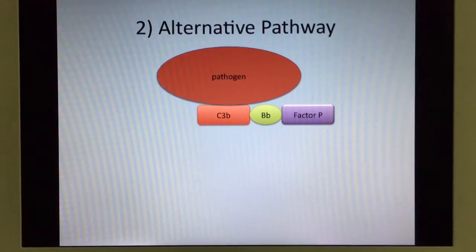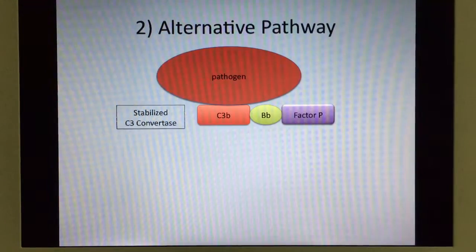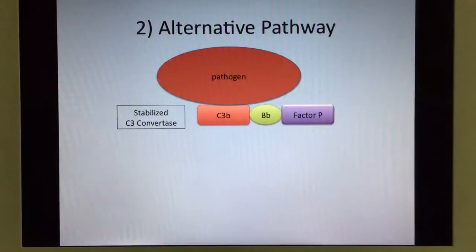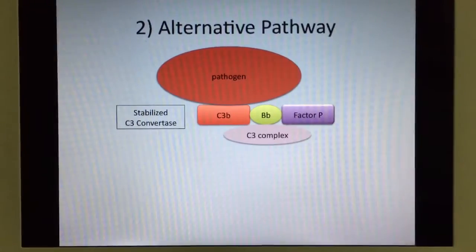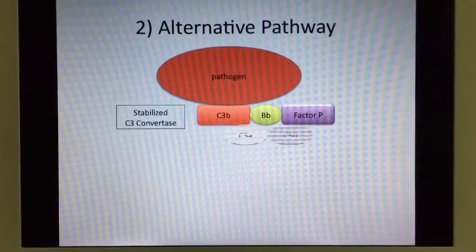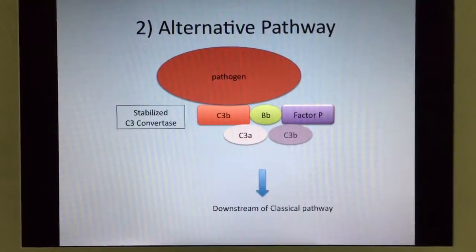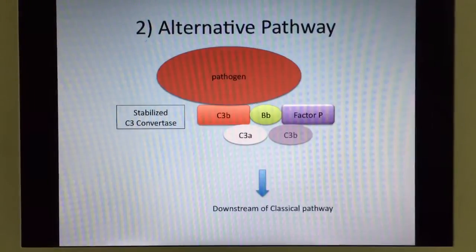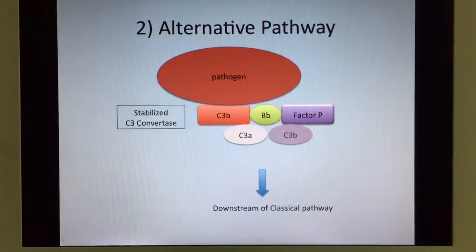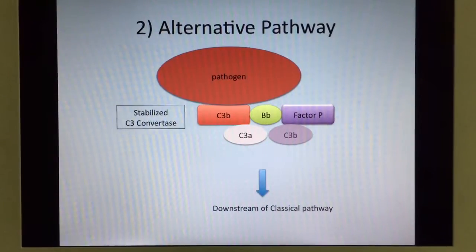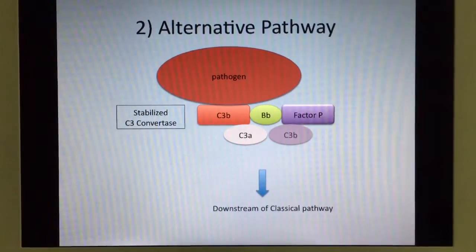Factor B is able to bind the C3b-Bb complex to form a stabilized C3 convertase. The C3 convertase then fits into the C3 convertase pathway downstream of the classical pathway.